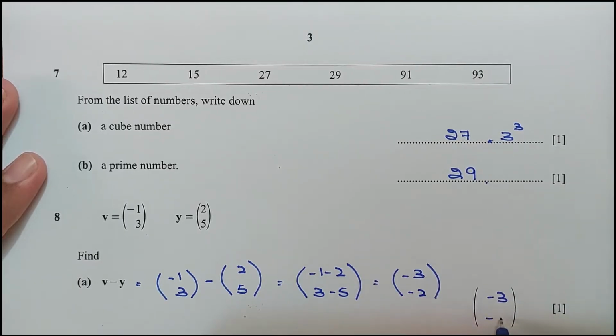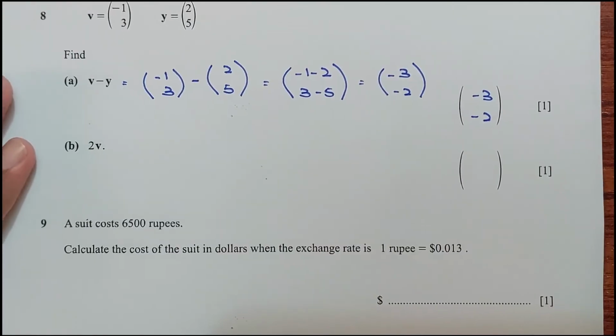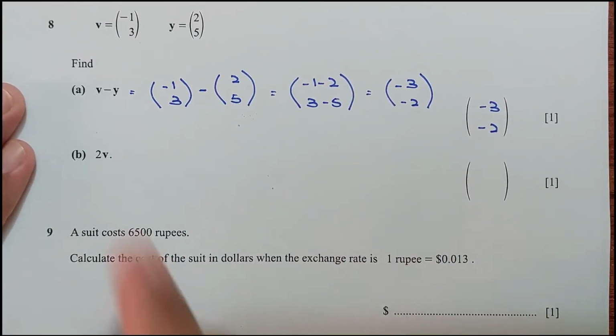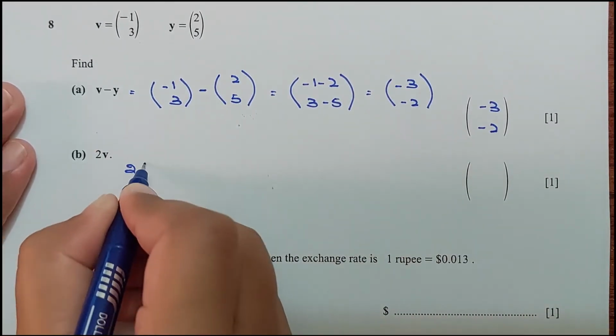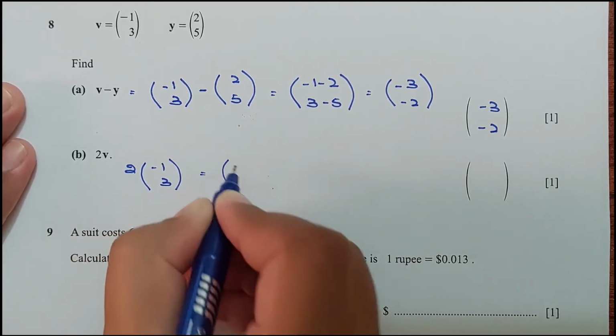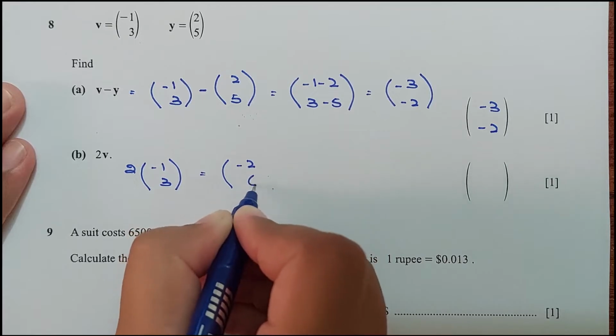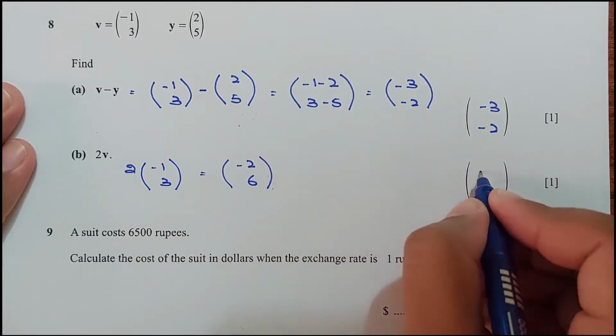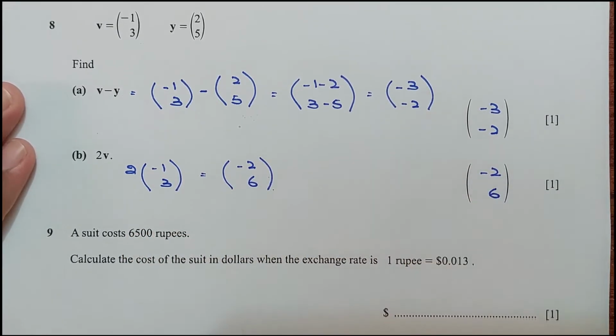So (-3, -2) is the answer. Now for part B, find 2 times V. So 2 times V is (-1, 3). 2 times -1 is -2, and 2 times 3 is 6. So (-2, 6). All right.